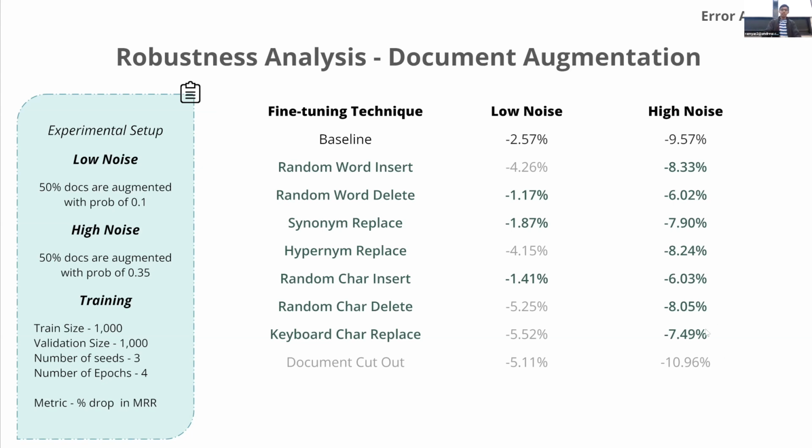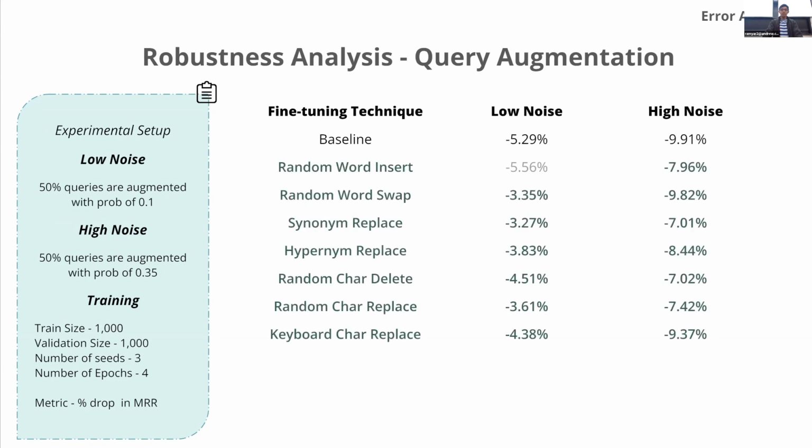Similarly, when we move to the query side of things, the results are much better, as most of the models perform well compared to the baseline. Across both these experiments, all the models suffer some drop in performance, but that drop is significantly lower for the models that were trained with data augmentation. And yeah, that's all for it.